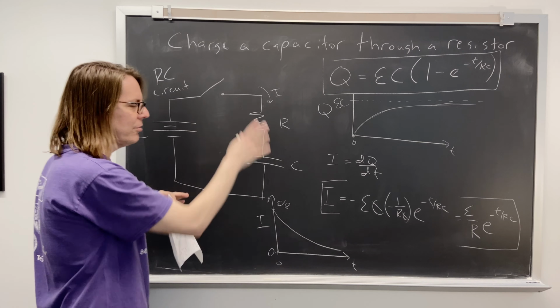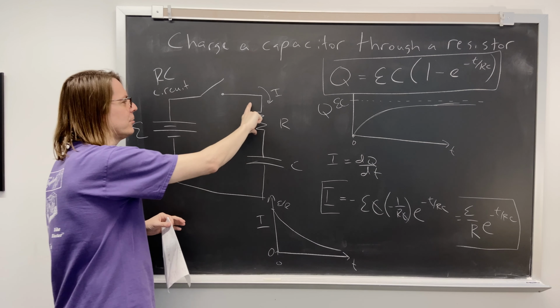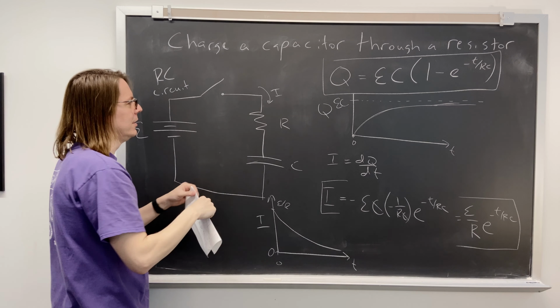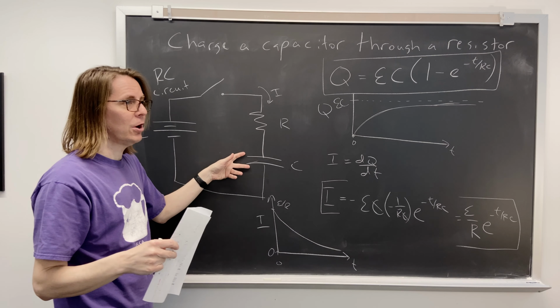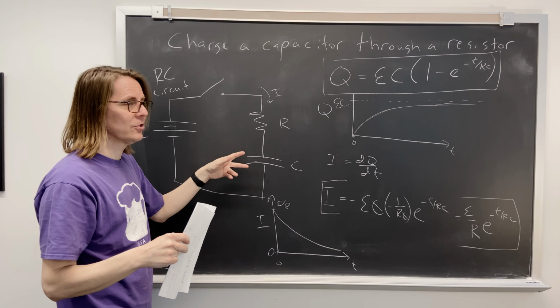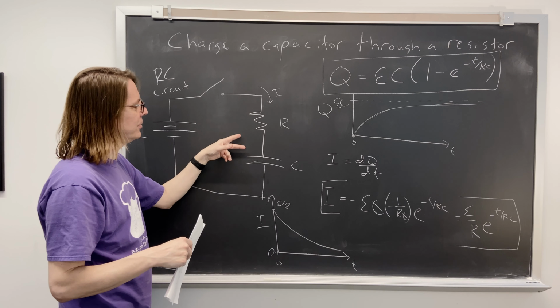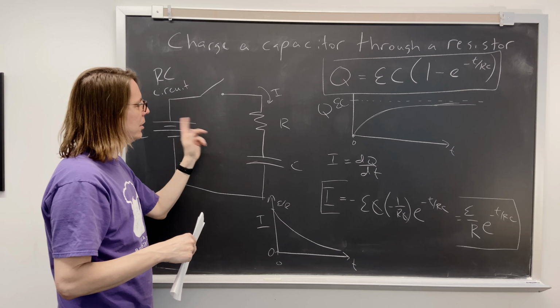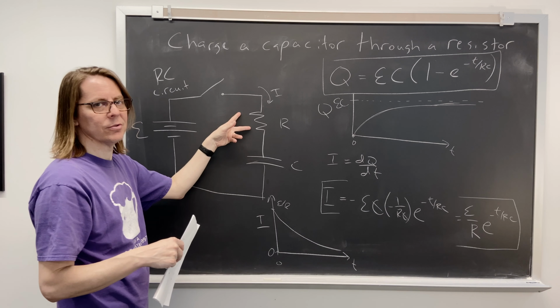But the reason it's going through this transition is that at the very beginning, the whole EMF shows up across the resistor because the capacitor has no charge. So the potential drop across the capacitor at the beginning is 0. So all the potential drop occurs here, and you get a big current. And then in time, as you charge up the capacitor, more and more of your battery's EMF starts to show up across the capacitor and less across the resistor.